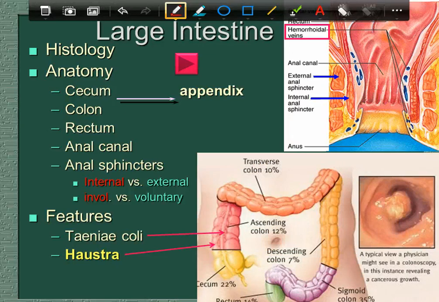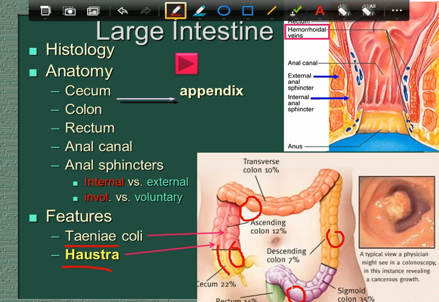All right. So notice these odd little pouches that you see along the large intestine. They're called haustra. They're unique for the large intestine. And what causes these pouches to be here is what is called tinea coli, which is a strip of tissue.